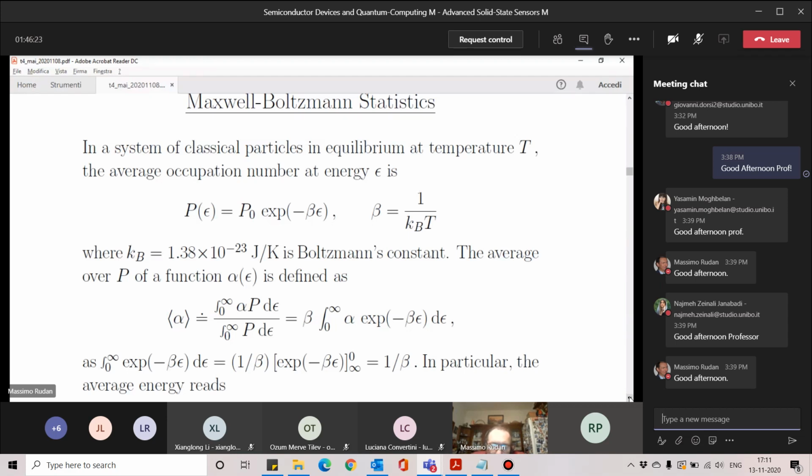When you have a distribution function, it is easy to calculate the averages of any function.